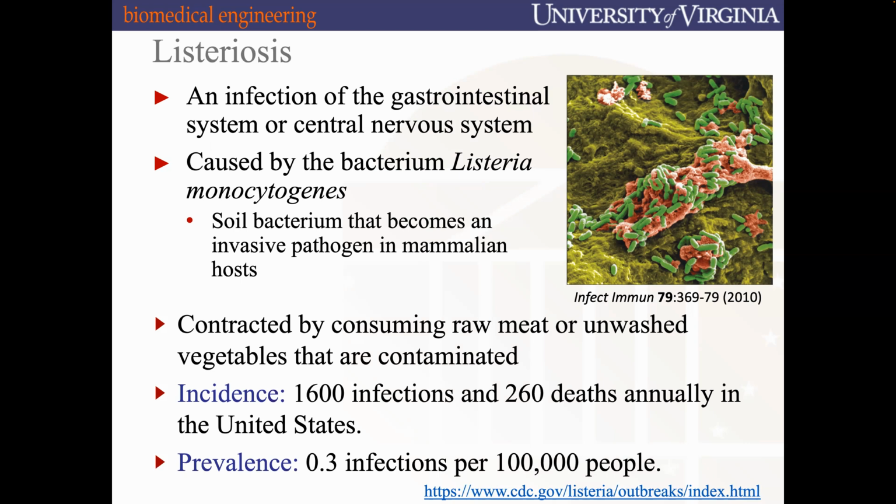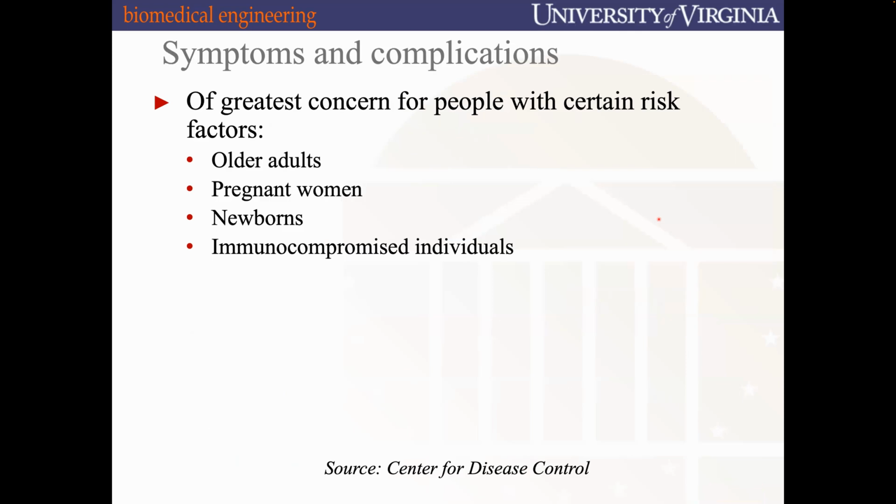As for the incidence and prevalence of Listeria food poisoning, about 1,600 infections and 260 deaths annually are generally happening in the United States, with an incidence of about 0.3 infections per 100,000 people. So it's not crazy common, but it can be really dangerous if you get it, specifically for people with increased risk factors.